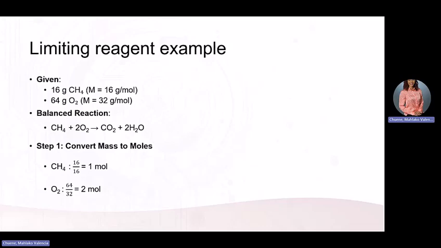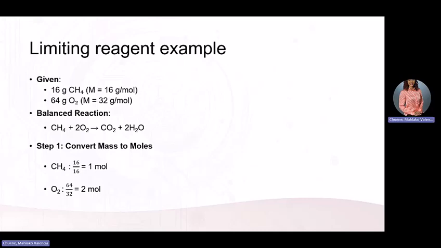An example here is that we're given 16 grams of methane, CH4, and the molar mass of methane, when we calculate it, is obviously going to be 12 for carbon, and then we add the 4 hydrogens, which is 12 plus 4, giving us a molar mass of 16 grams per mole.